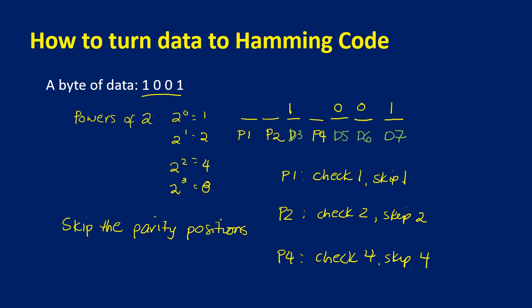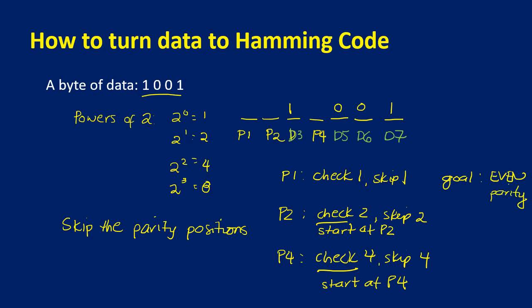If you still have P8, then that means check 8, skip 8. Take note that whenever you check, you always start at the parity position. Here, start at P2. Here, start at P4. And our goal is to always have even parity.